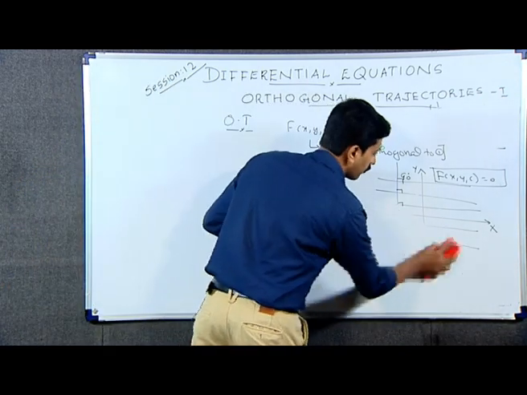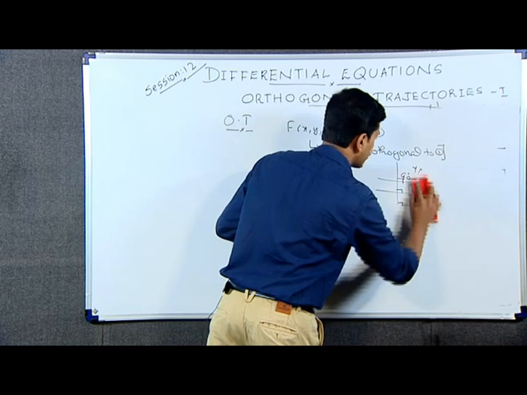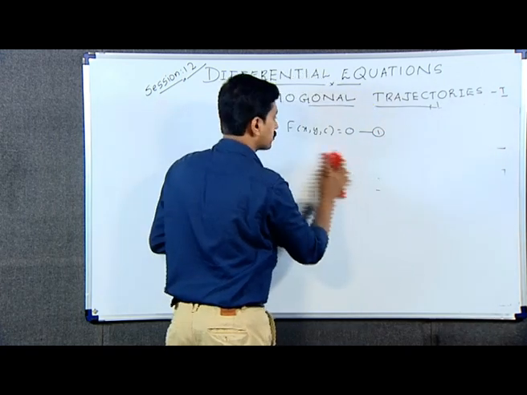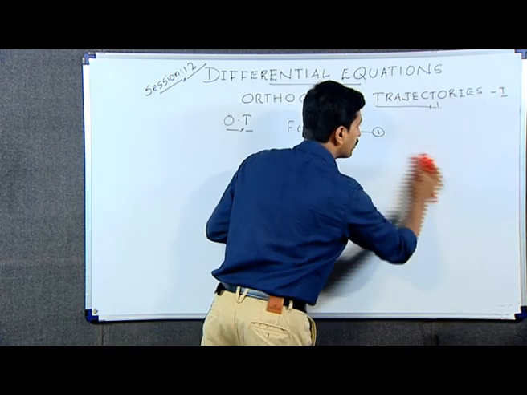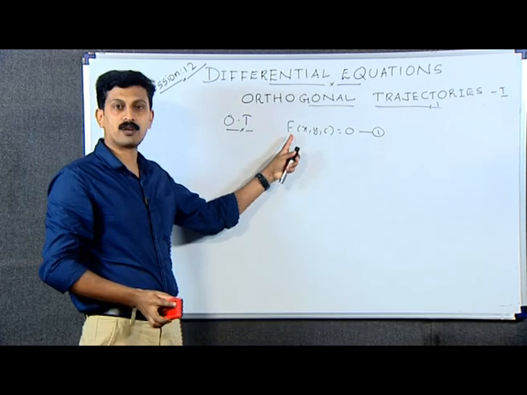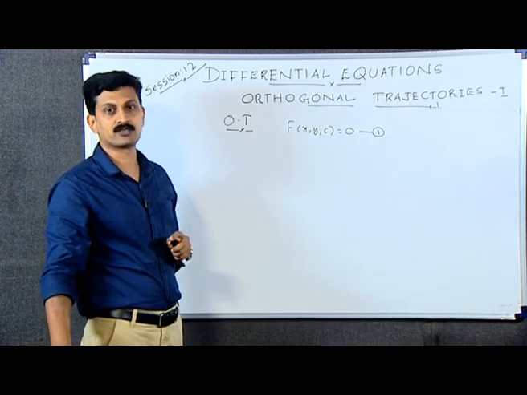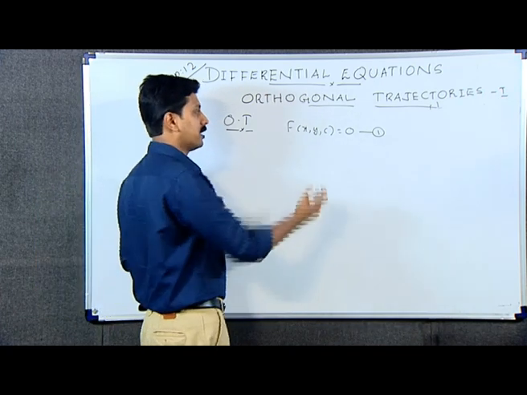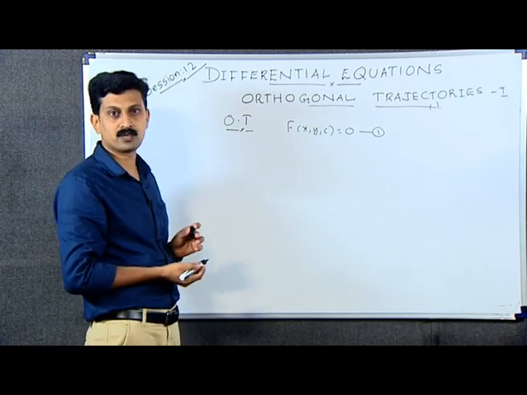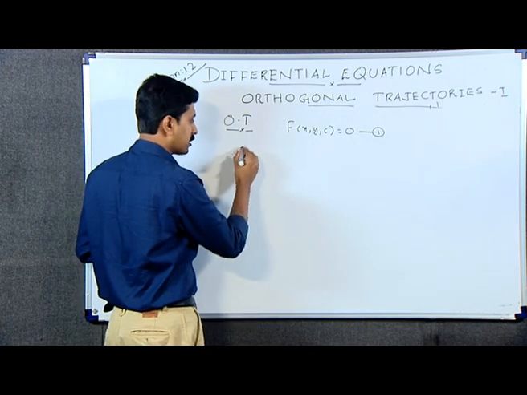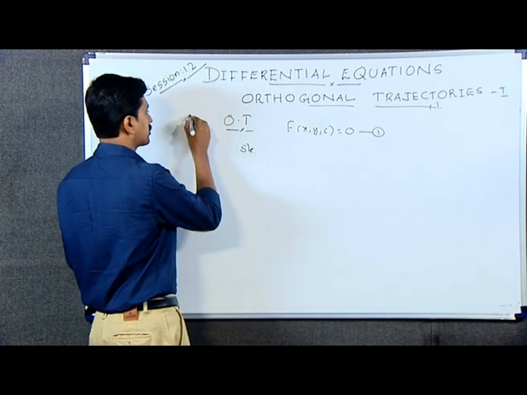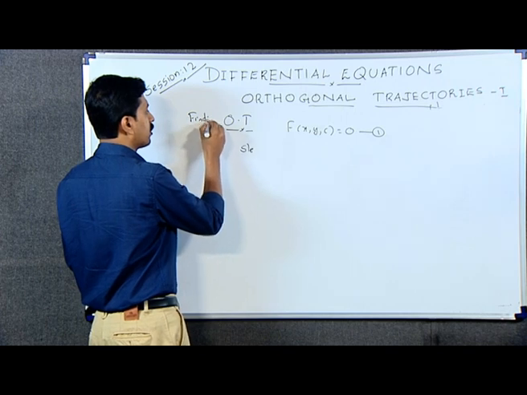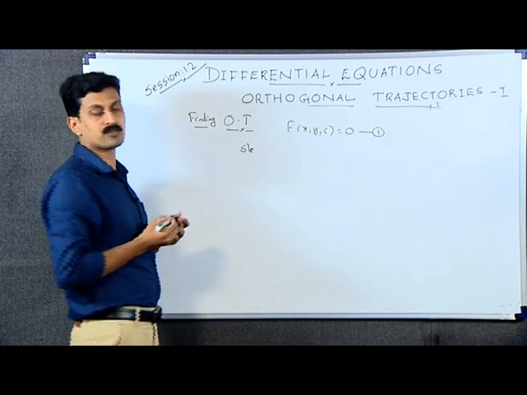How will we find our orthogonal trajectory? See, orthogonal trajectory means, as we already discussed, the family of curves which is perpendicular, orthogonal to f of x, y, c is equal to 0. So, actually we have a family of curves f of x, y, c is equal to 0, and we will differentiate to find the orthogonal trajectory. How will we find the orthogonal trajectories?